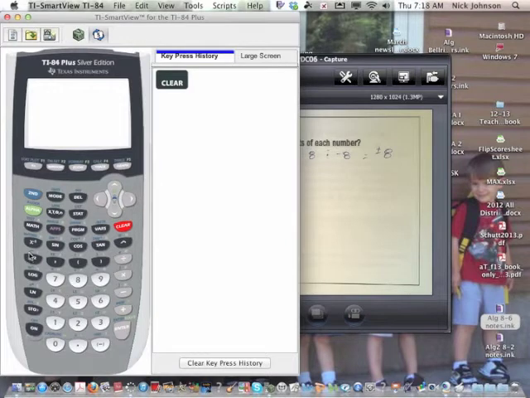So here we are on our calculator. To get the square root is right here in blue, if you can see that right there. Okay, so I'm going to hit second function, square root.